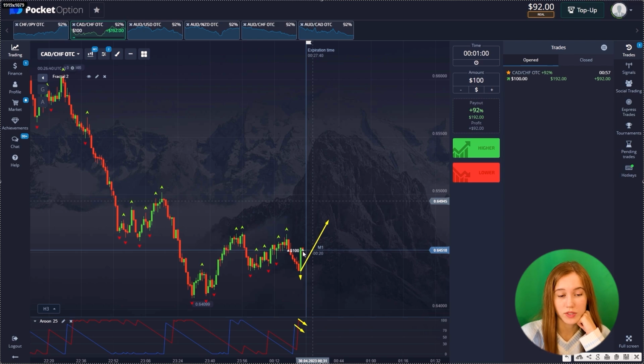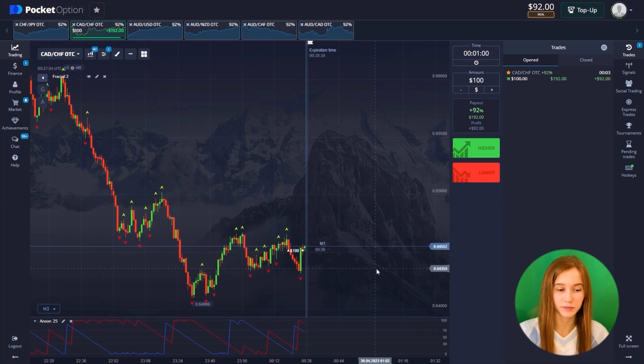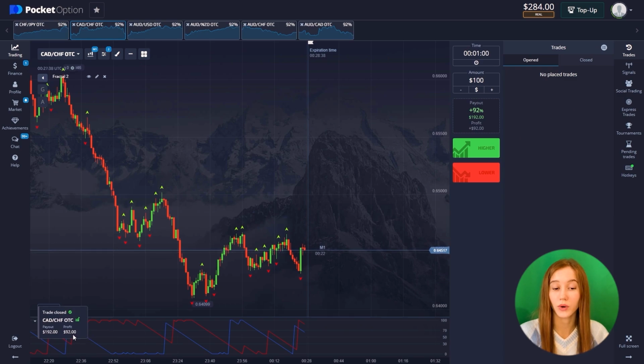In the general situation we see that there was quite a strong growth. Next, we can identify a certain resistance area and support area. This is kind of consolidation, I think. 3 seconds left. And yeah, plus deal, good. $92 profit for us also.